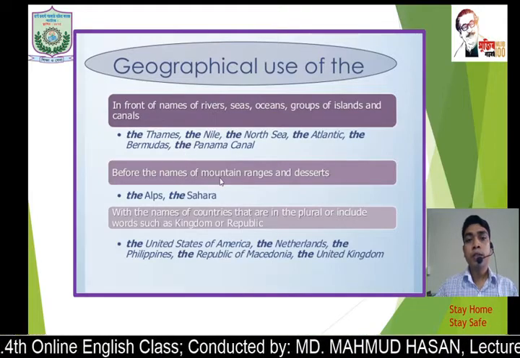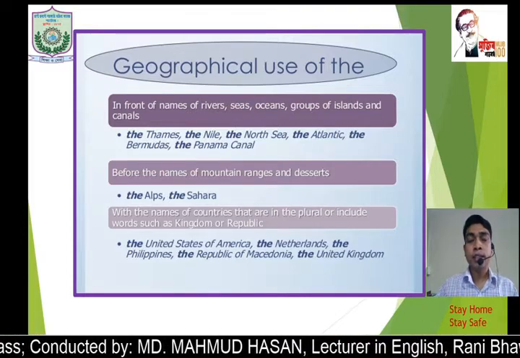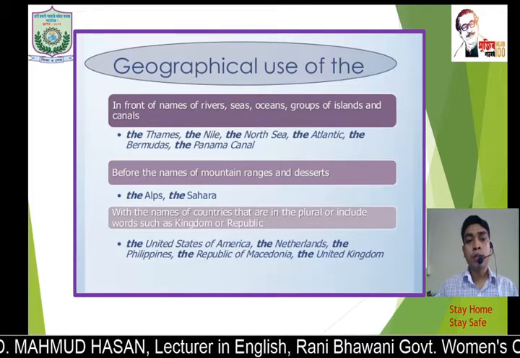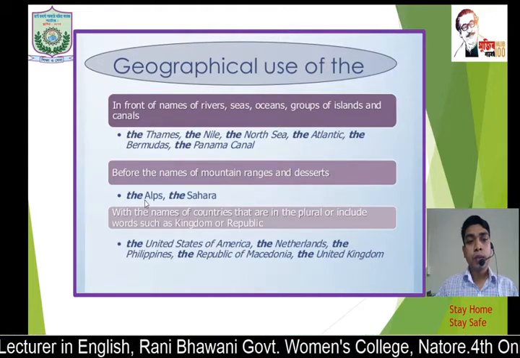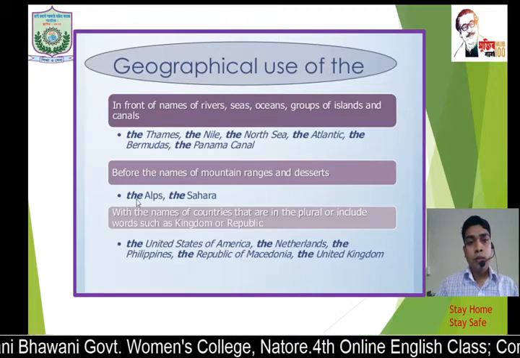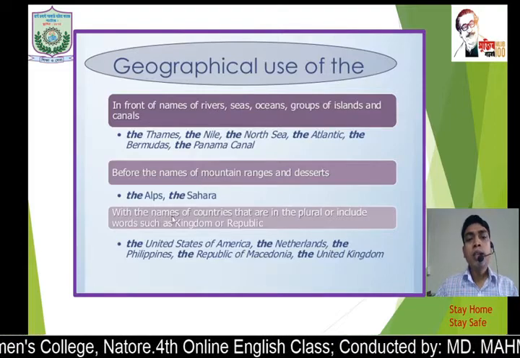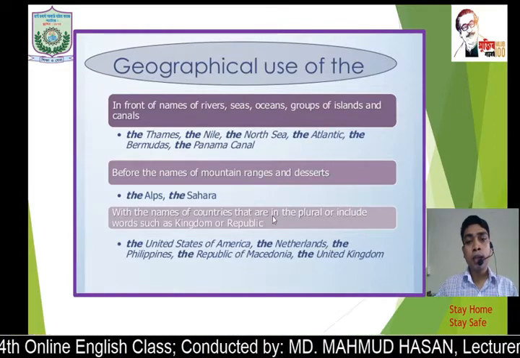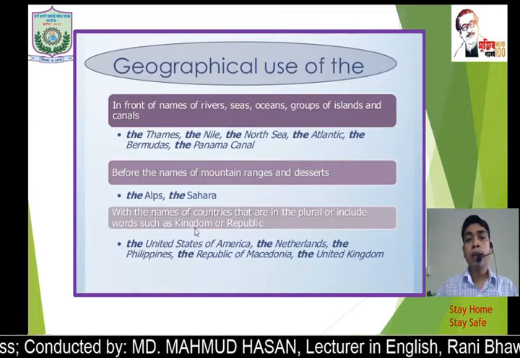Before the names of mountain ranges and deserts, we also use the. The Alps, the Sahara. Sahara is a desert, Alps is a mountain range. With the names of countries that are plural or include words such as kingdom or republic.